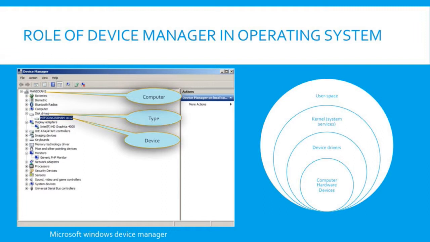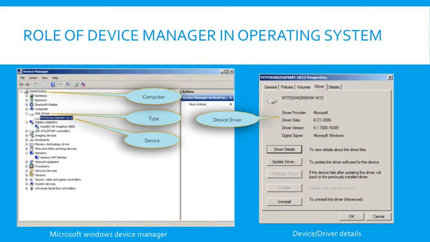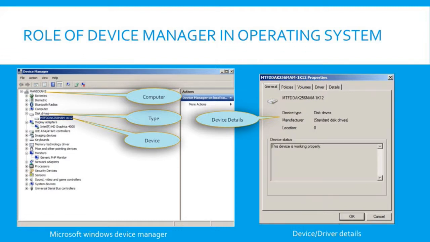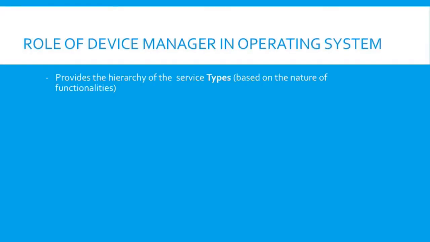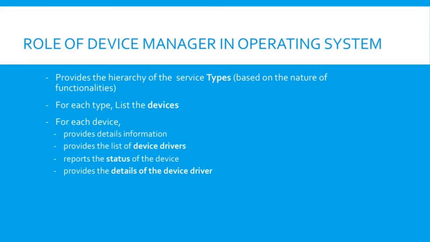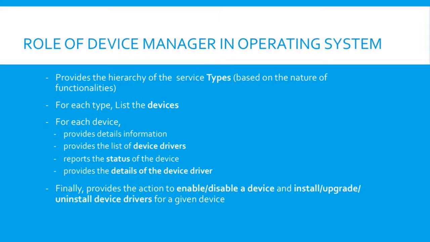For each device it gives you the drivers used for connecting to and operating the device, the details about the driver and the device, and finally the status of the device, as well as actions for enabling or disabling it, maybe for maintenance purposes. So here is the summary of what we have seen just now.